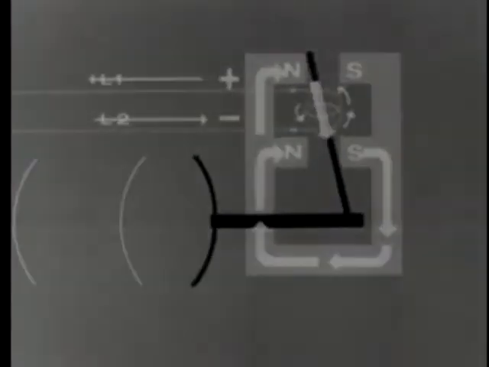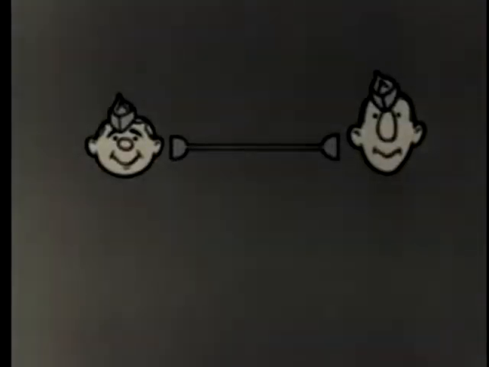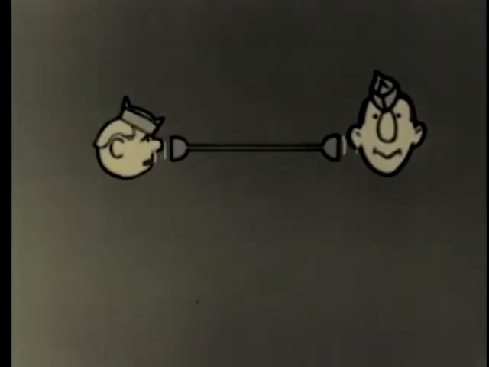Consequently, the diaphragm pushes out audible sound waves exactly mirroring the waves of the original sound. Since the transmitter and the receiver are virtually the same in design, they can each do the other's job.